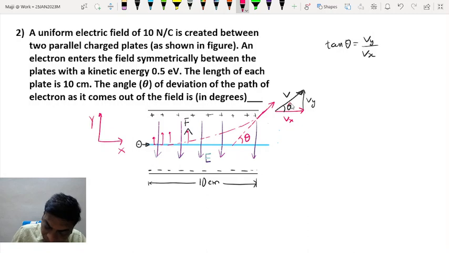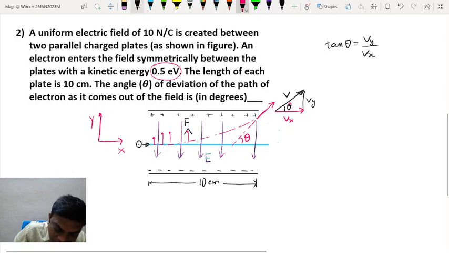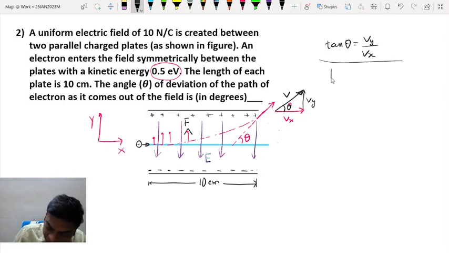Now, Vx. Since kinetic energy is already given, I can write that initial kinetic energy for motion along the x-axis is already given as half eV, which will be equal to half m Vx square.